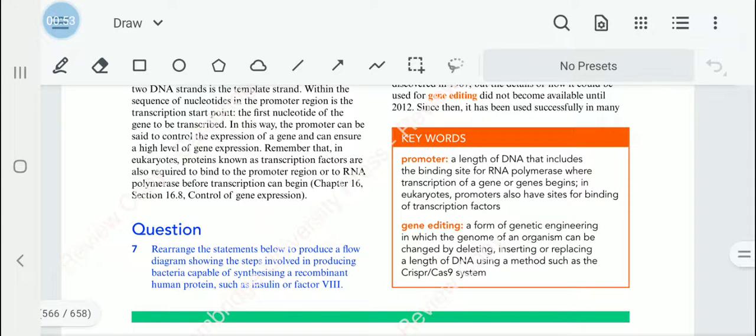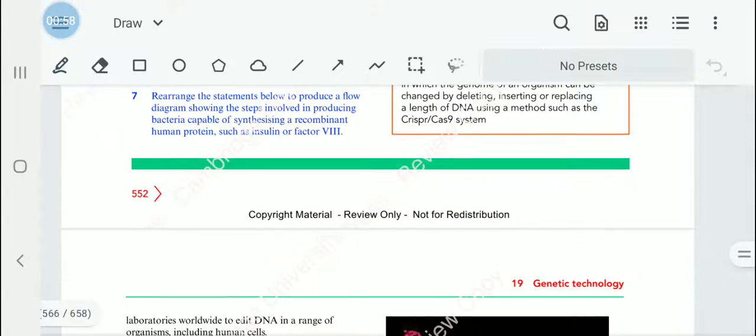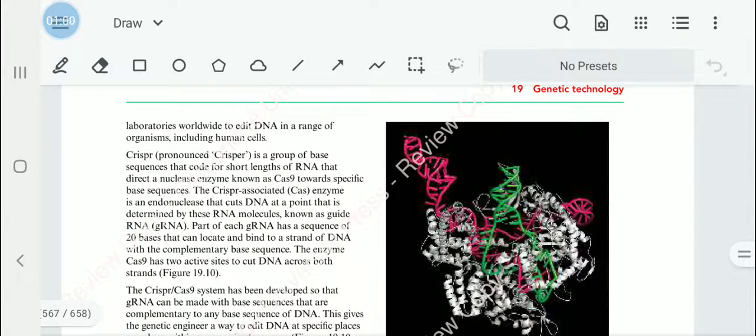has been used not only in bacterial or other simple cells, but also in animal cells to edit the genetic code. In CRISPR, there is a group of base sequences that code for short lengths of RNA that direct a nuclease enzyme known as Cas9 towards a specific base sequence.